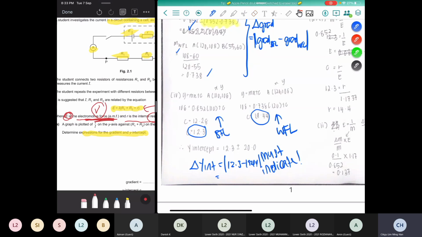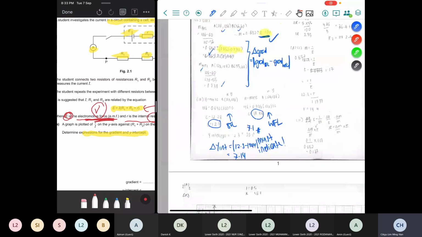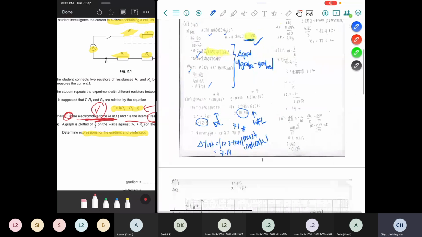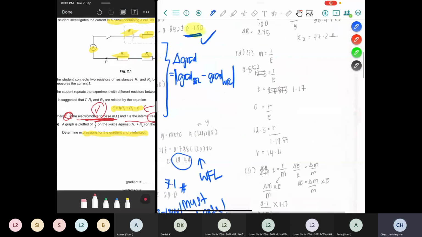So 12.3, I counted, you also calculate also, 7.14. So you can make it 7.1. So if you made a mistake here, that means this one is also wrong.